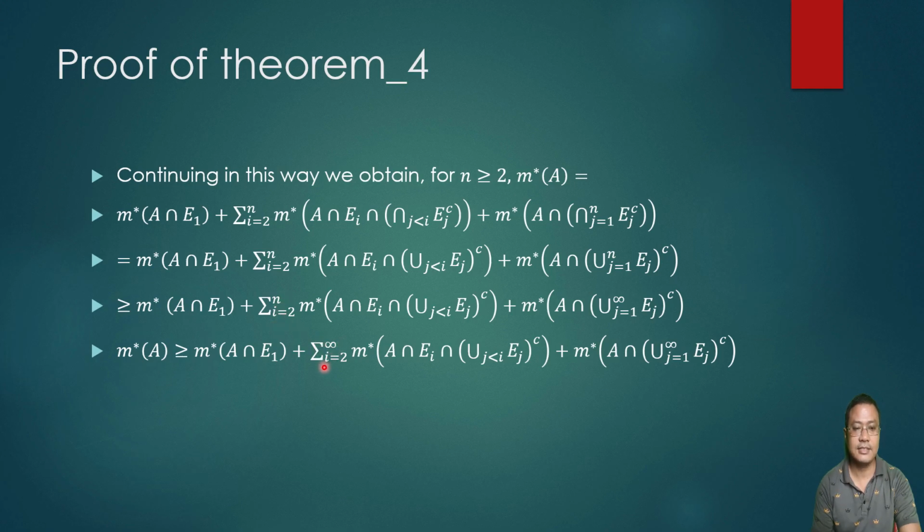That is why you can write I running from 2 to infinity m star A intersection EI intersection, then union j less than I Ej and complement, whole complement, plus and this one. Alright, so now let us simplify this term. Now let us simplify this term.